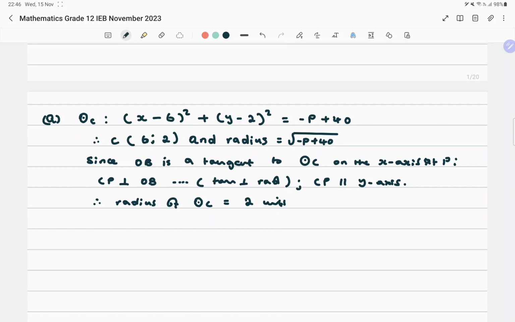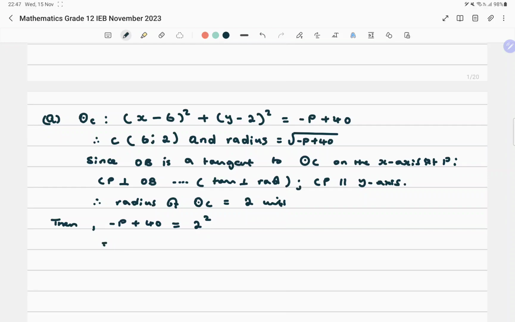Now what do we need? We can say then, what do we know? We know for a fact that minus p plus 40 is equal to 2 squared, because that would be the radius squared.